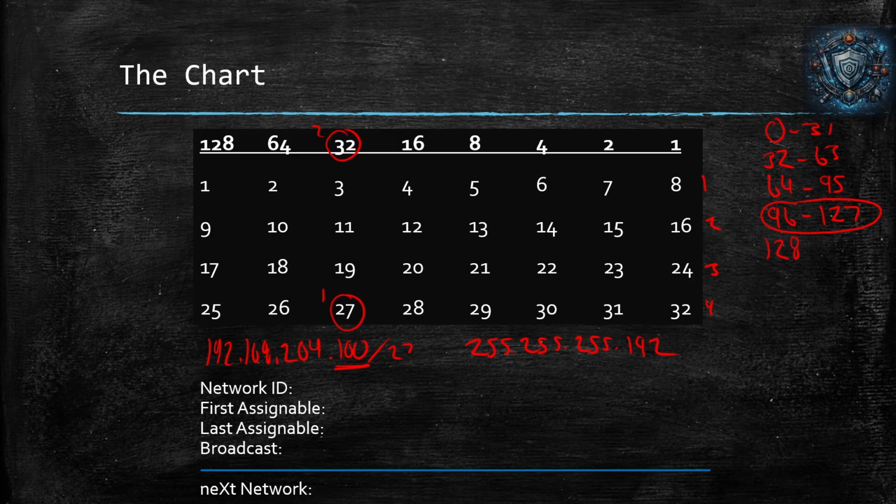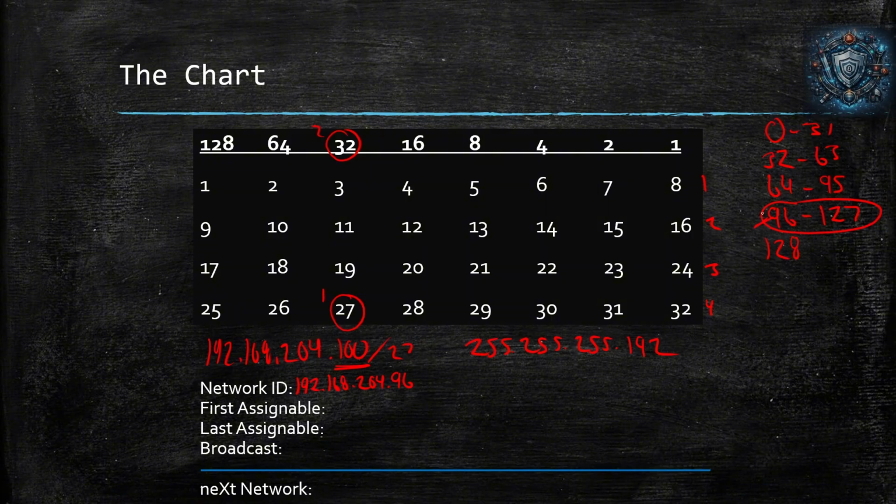So we're going to start with the network ID. The network ID for this is 192.168.204. Dot. What do you think it's going to be? 96. Bang.